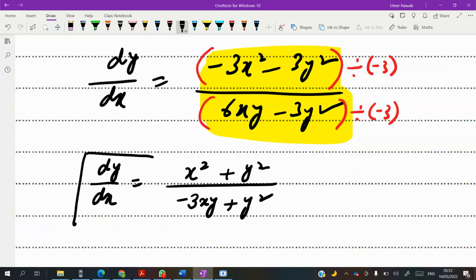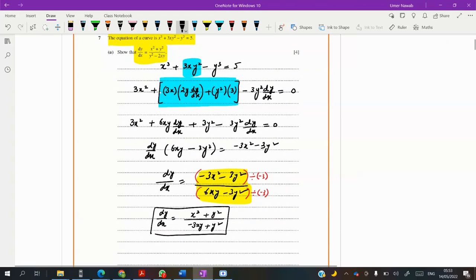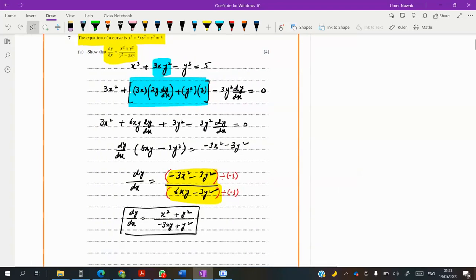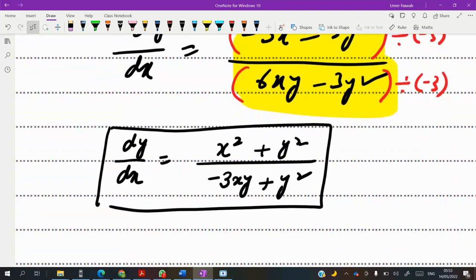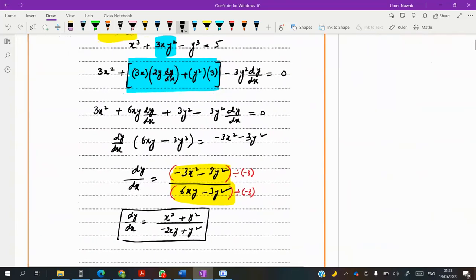Let me check: when I divide 6 by 3, it has to be 2, so it is minus 2xy. Yes, now it's perfect. And this is the result we wanted for this implicit differentiation.